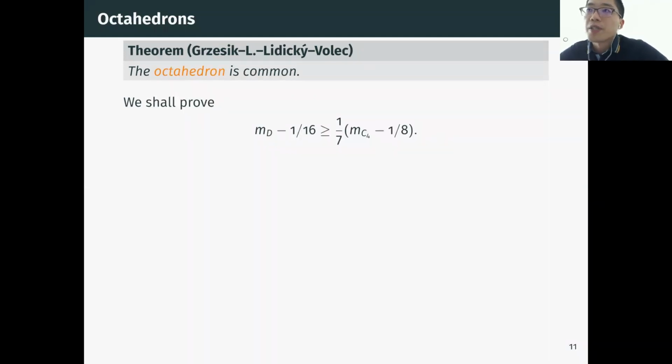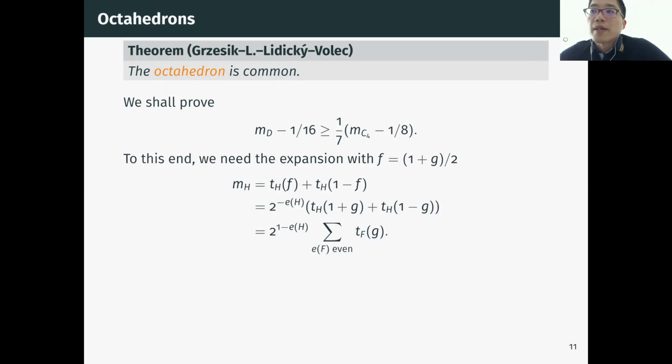We're going to prove this inequality with C being 1/7. To this end, we have to do a little bit of calculus, which means we expand this out. Here f means my indicator function for the graph G, and I'm going to replace my f by the function (1 plus g) divided by 2.